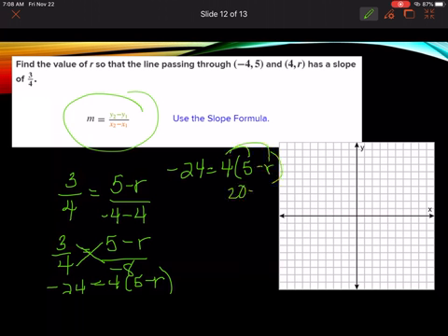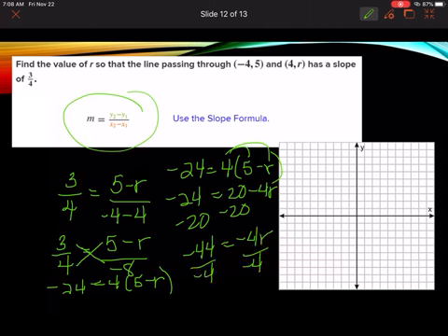That's 20 minus 4r equals -24. I'm going to subtract 20, and that gives me -44 equals -4r. Divide by -4, divide by -4, and 11 equals r. So our point here is going to be (4, 11).